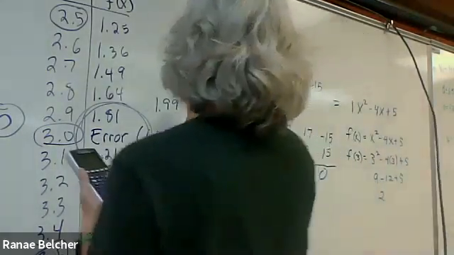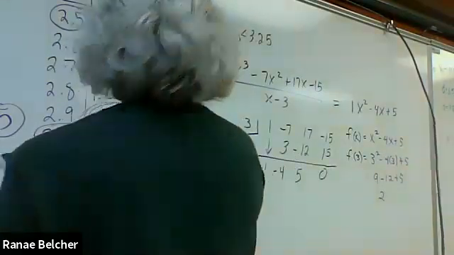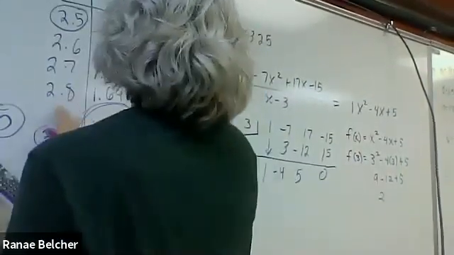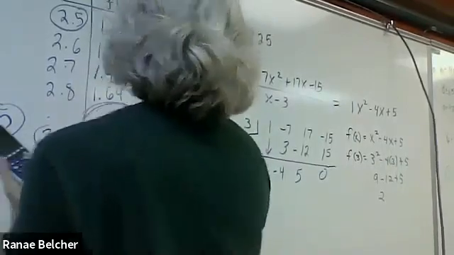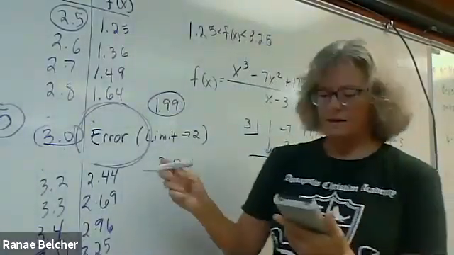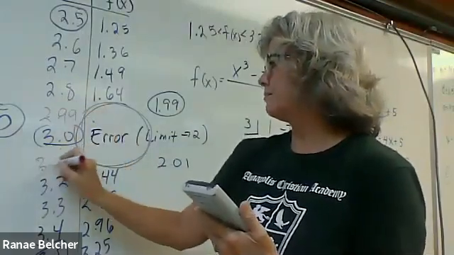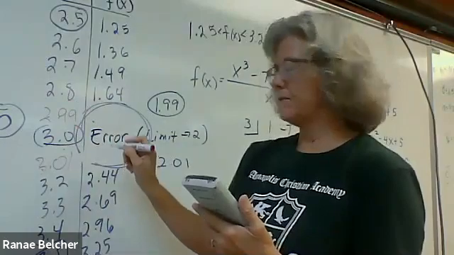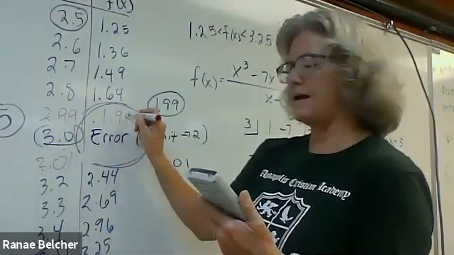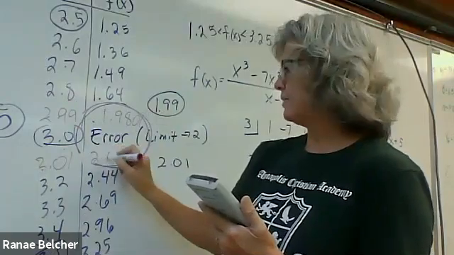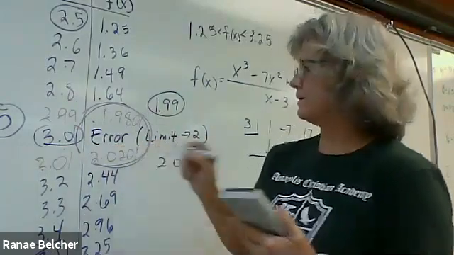And we're looking for 1.99, but instead, we use a different color here. If we use 2.99 and 3.01, we've got 1.9801 and 2.0201.